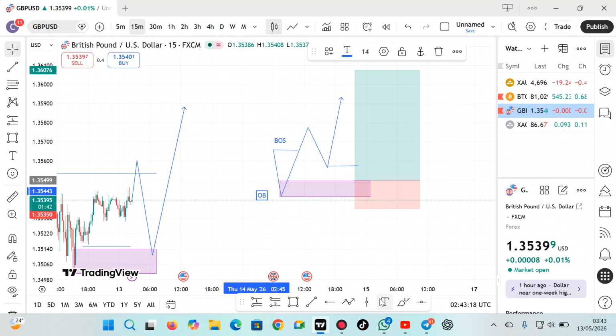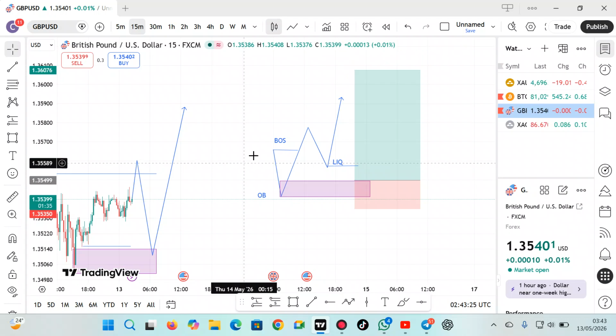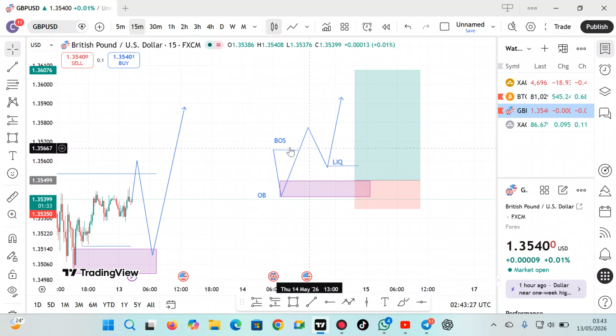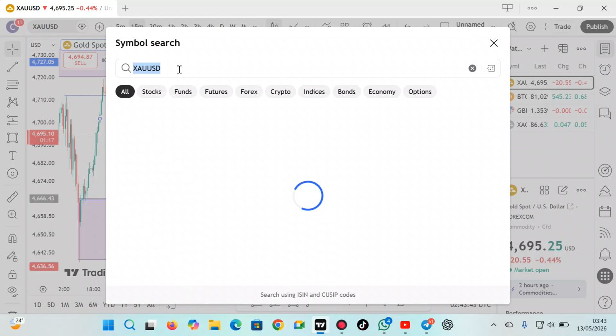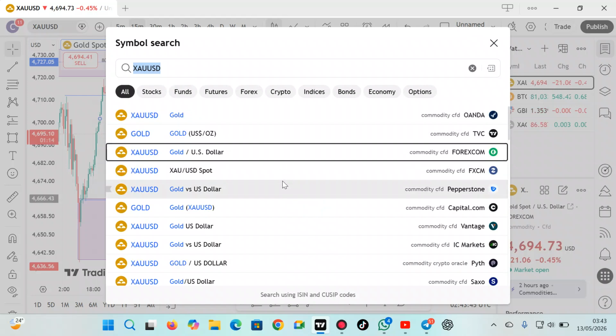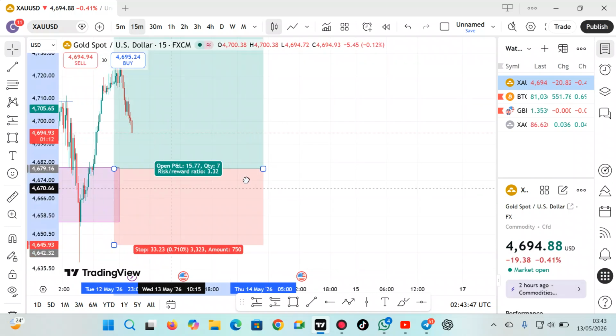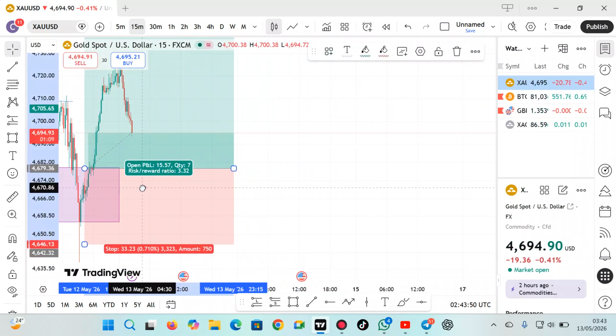And this one is liquidity. So this is the full thing you need. You need the full confirmation for your order block to be complete, for you to take a setup from your order block. This is the full setup you need. Now let's go to the charts and find all these things.